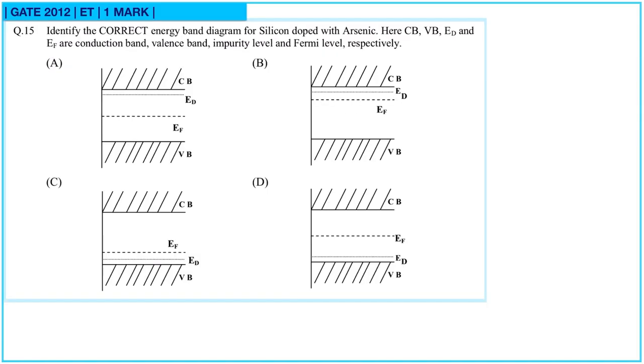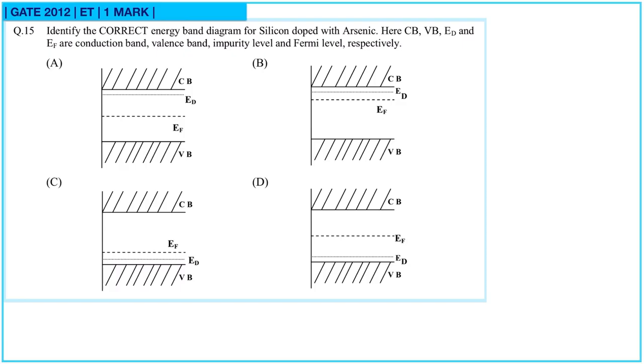Question 15. Identify the correct energy band diagram for silicon doped with arsenic. Here conduction band, valence band, ED and EF are conduction band, valence band, impurity and Fermi energy level. Now Fermi energy level lies in between conduction and valence band when there is no doping involved.